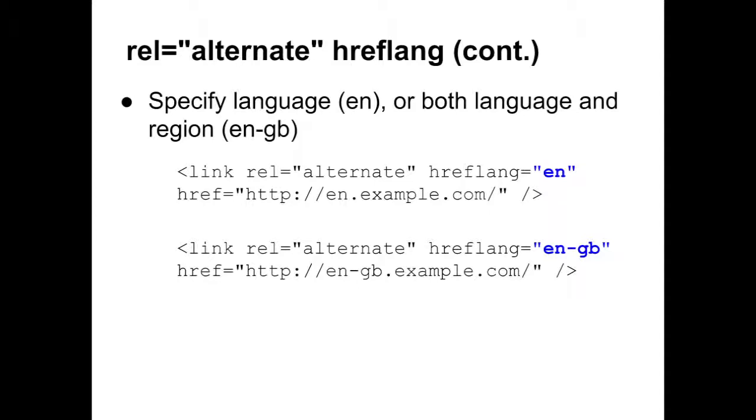This value can be a general language like EN for English for all the English users worldwide. Additionally, you could include both language and country, such as EN-GB, to better target English speakers in the UK. If you choose to create a country-based language variation, such as EN-GB, we recommend also having a general language version, like EN, to appeal to English speakers worldwide.